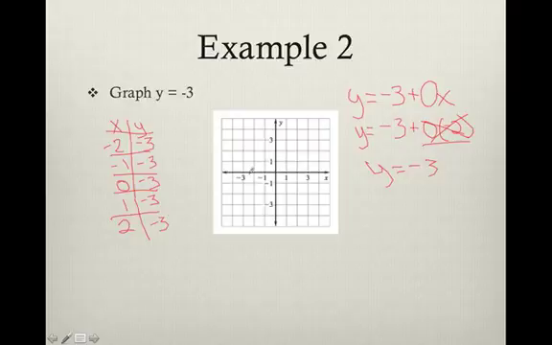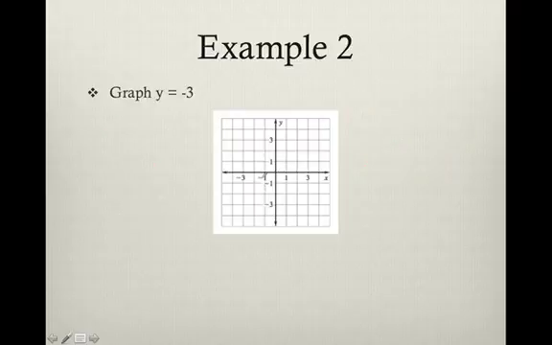So I'm going to plot these points. I have -2, -3, so that needs to go down. And then I have -1, -3. Whoops, I messed up. Let me erase. Okay, let me try again. I had -2, -3.